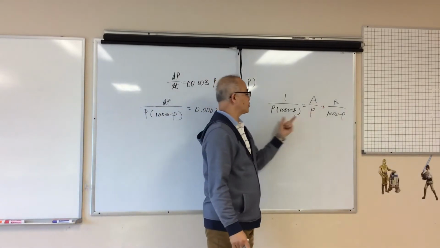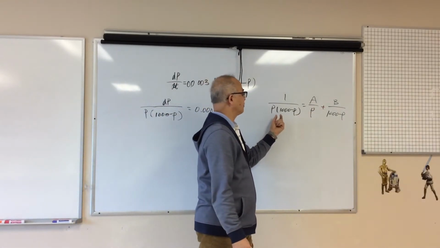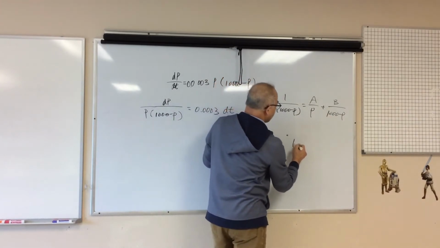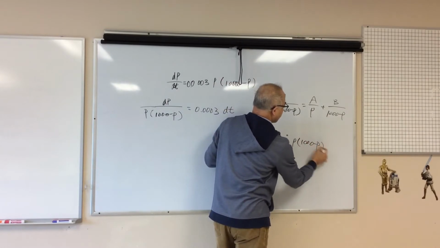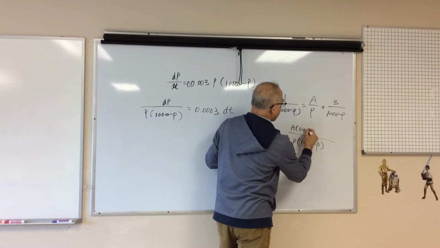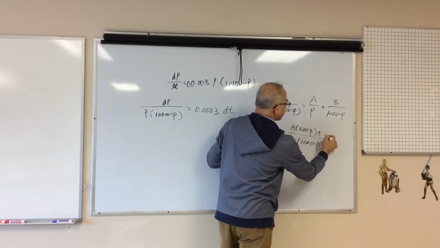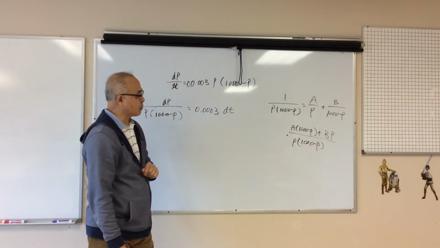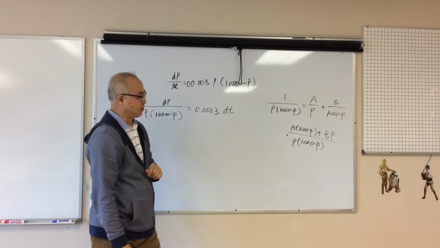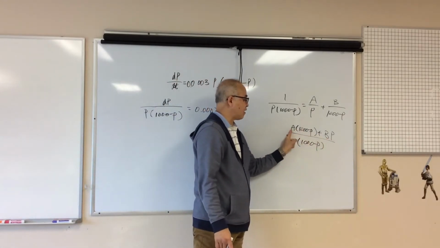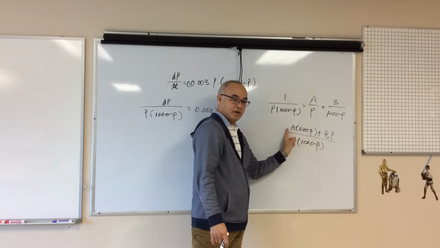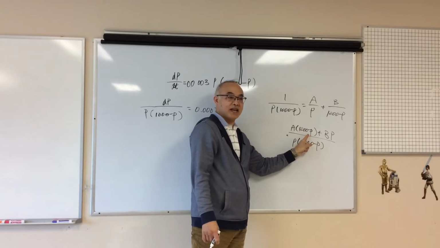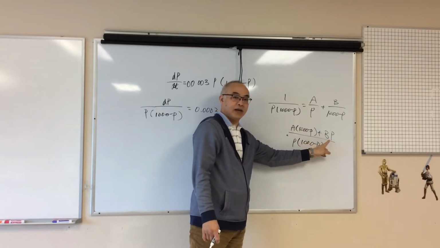If I put this into this form with a common denominator, I get A(1,000 minus P) plus BP. If I collect the P terms from the top, I have A times minus P, so I get minus A, and I get B here.